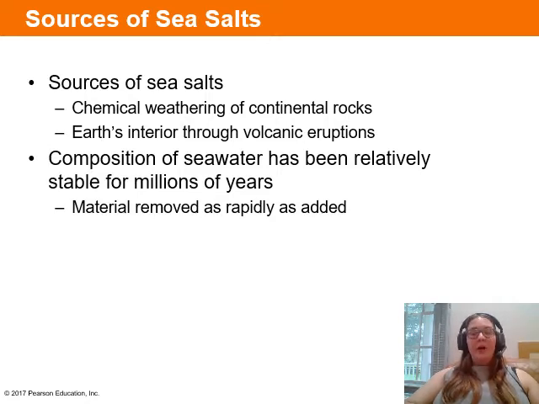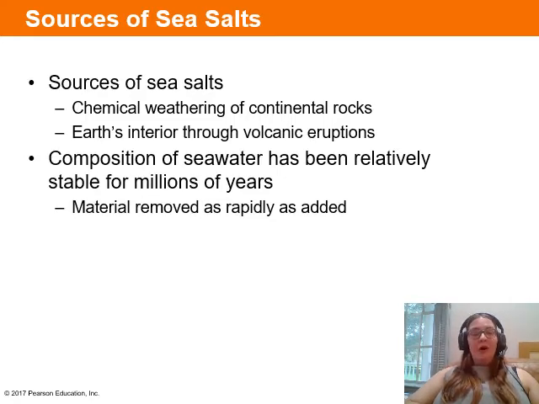But although we're constantly adding in more and more salts, whether it be a volcanic eruption or just long-term weathering of our continents, we're going to see that over really long periods of time, like millions of years, the composition or the salinity of our seawater has stayed relatively the same throughout these really long periods of time. And this is because it's not only being added to our oceans every day, but these salts are also being removed just as quickly as they're added.